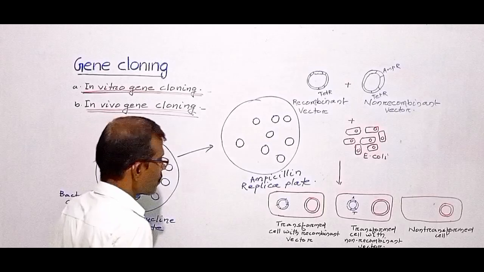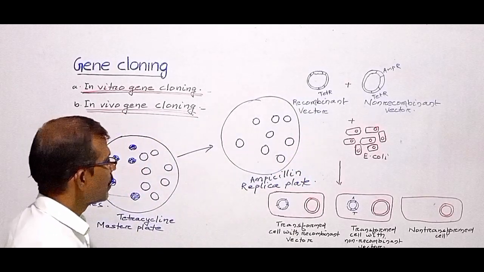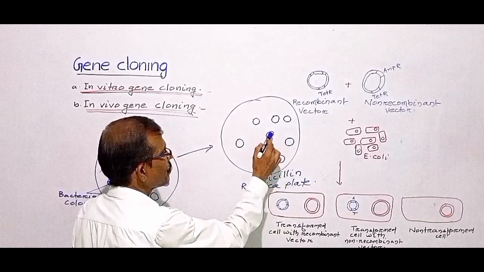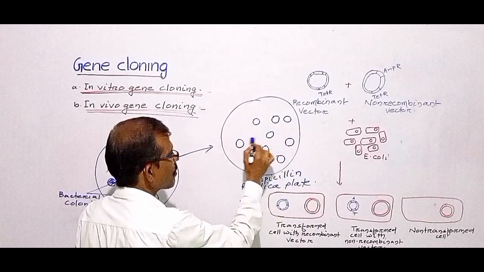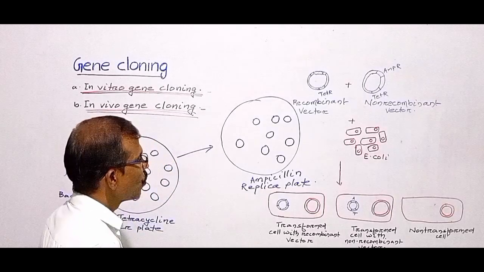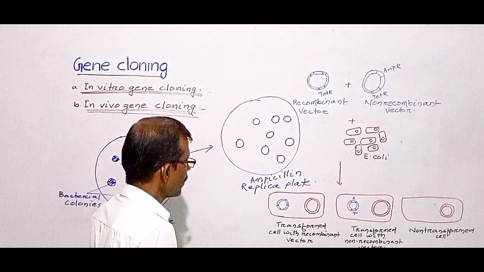After transfer, when the secondary plate is incubated, numerous colonies develop. But these are the colonies that are formed by E. coli cells which are transformed with the non-recombinant vector.